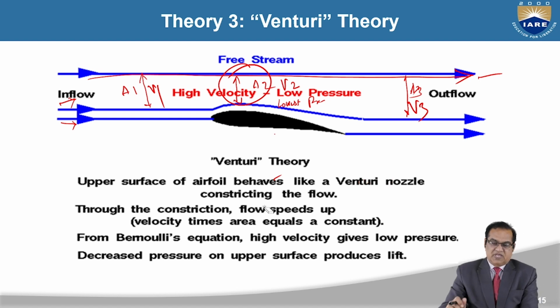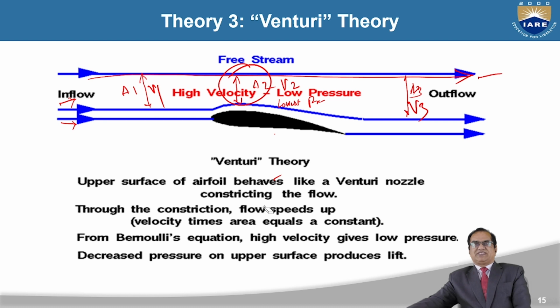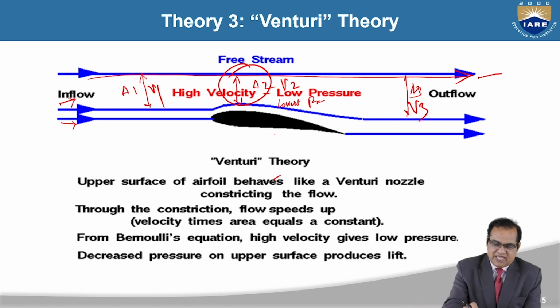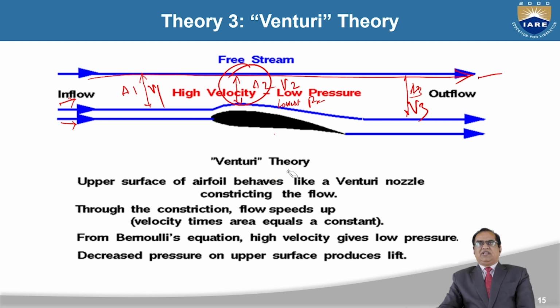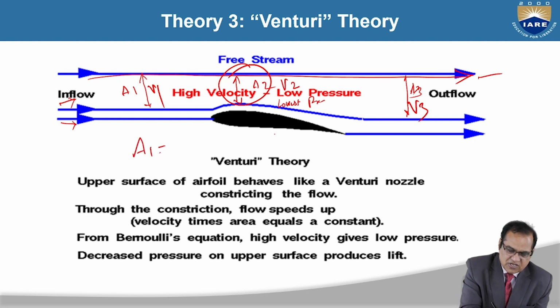So we can see here the Venturi theory: the upper surface of the airfoil behaves like a Venturi nozzle, constricting the flow through the contraction. Flow speeds up, velocity times area equals a constant. So A1 V1 equals A2 V2 equals A3 V3.